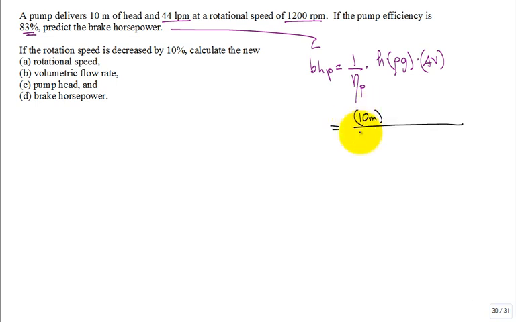10 meters. What are we pumping? Water? I need to know the density of it. So let's say it's water, 9.81 kilonewton per meter cubed. And a volumetric flow rate, liters per minute, so 44 times 10 to the minus 3 meters cubed per 60 seconds, and divide by 0.83.